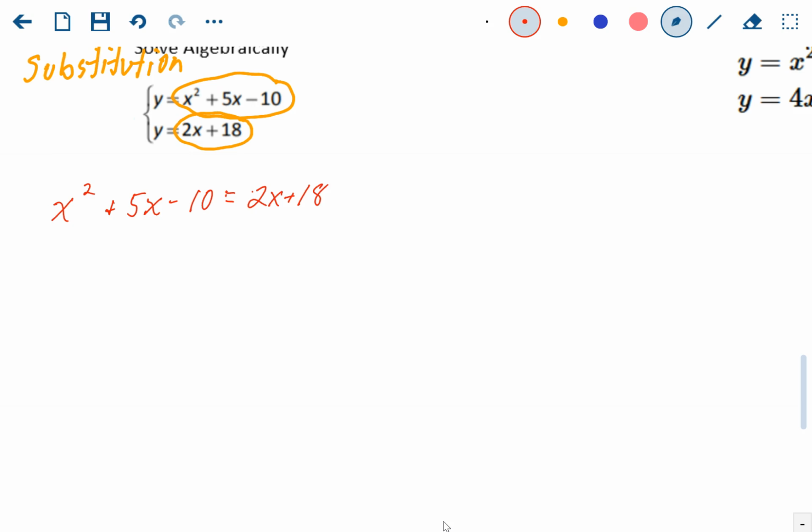Okay. Well, remember, to solve a quadratic, you have to use the zero product property. And to use zero product property, you have to have everything on one side, and the other side has to equal 0. So we're going to move everything from the right side to the left side. So we'll subtract 2x over. We'll subtract 18 over.